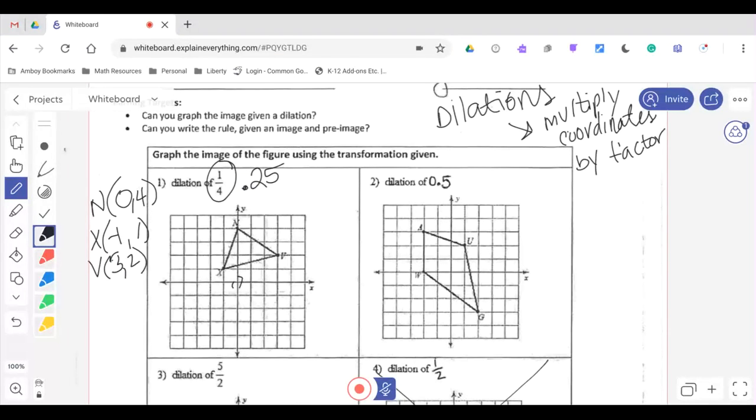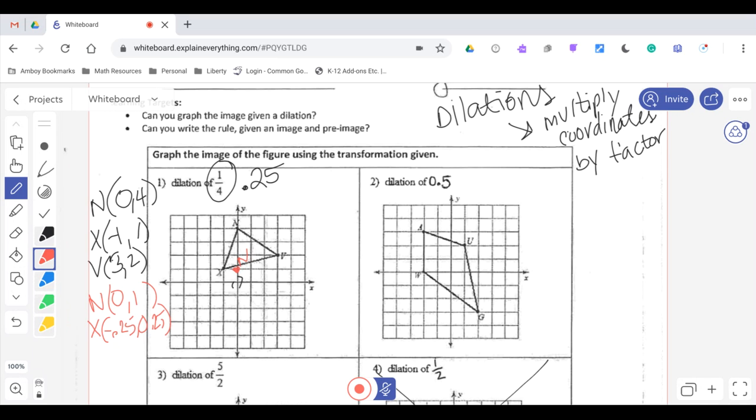Okay, so I'm going to take all of these numbers and multiply them by 0.25 in my calculator, and then I'm going to graph those new coordinates. So my first one, I'll get 0, 1. So there's my new N. For X, I'll get -0.25, 0.25.